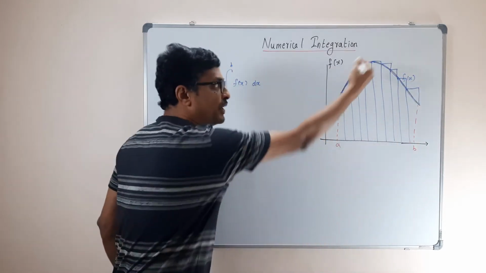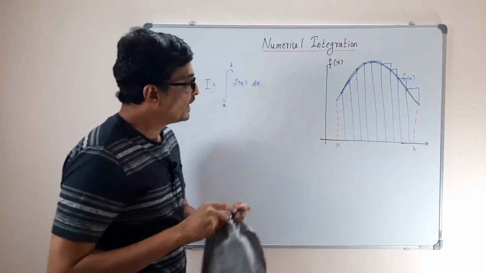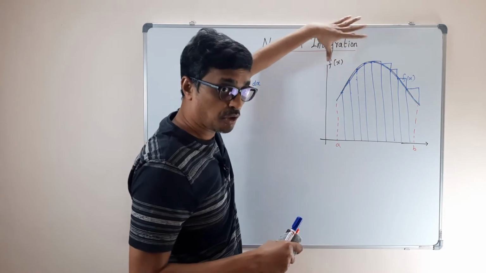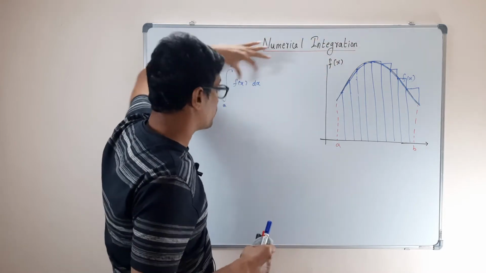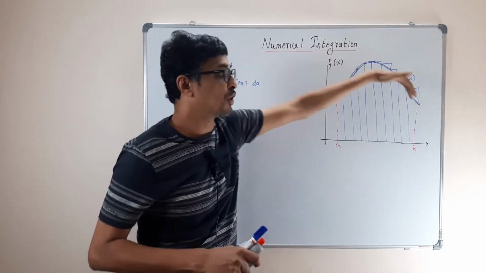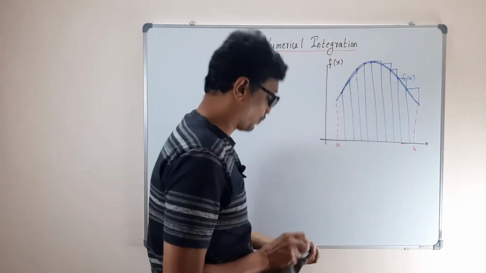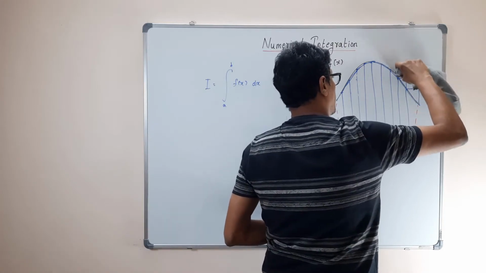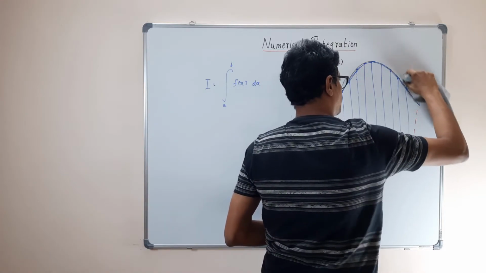You can see I keep increasing it. By increasing the degree of the polynomial which interpolates my integrand, collecting certain points, I can get the integration more and more accurate. This is the technique employed in our numerical integration.